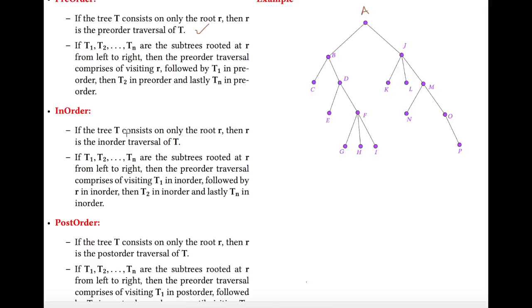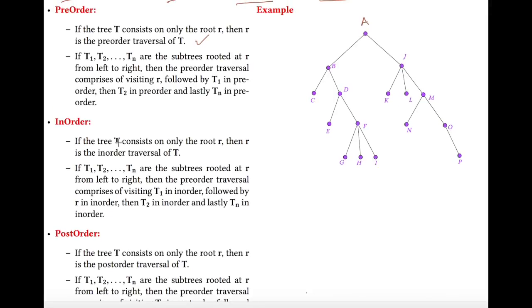For in-order traversal, the first condition, the stopping condition, is the same: if we have just one root, the root itself is the in-order traversal. Then if T1, T2 up to Tn are subtrees rooted at R from left to right, the in-order traversal comprises visiting the first leftmost subtree, then the root, then all the other subtrees from left to right.